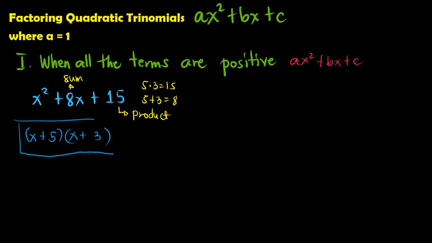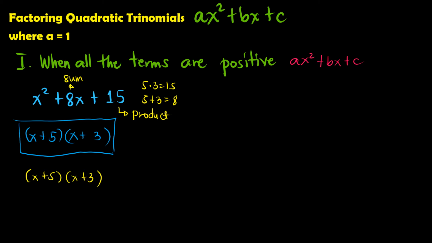Now, how would we verify if our answer is correct? Let's perform the checking. So, we have x plus 5 and x plus 3. So, you apply the FOIL method. If you're familiar with the FOIL method, ang concept lang naman ni FOIL method is lahat nung terms dito sa factor ni x plus 5 ay mai-multiply or maipamigay dito rin sa kabilang factor sa terms niya na may x plus 3.